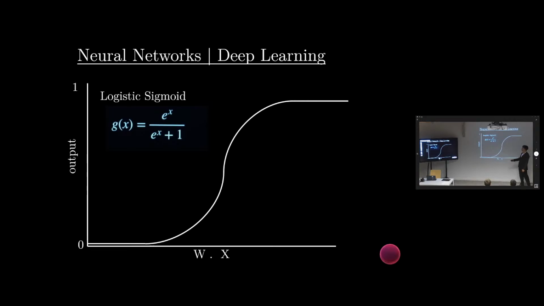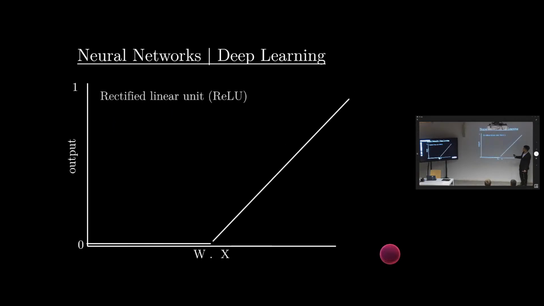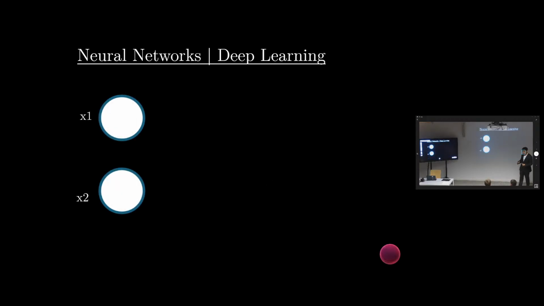We could use the logistic sigmoid, which again gives us all the real values between 0 and 1. And we could even use the ReLU, which stands for rectified linear unit, which is equal to 0 before some point, and then it's equal to x after this point. These are what we call activation functions, and we're going to understand why we need them later. So let's try to make our first neural network.